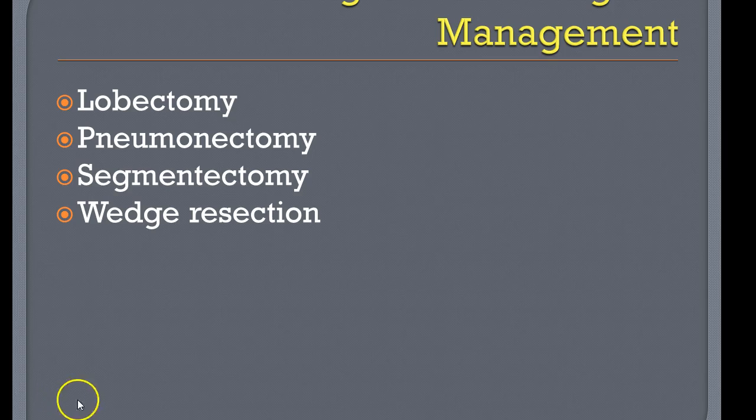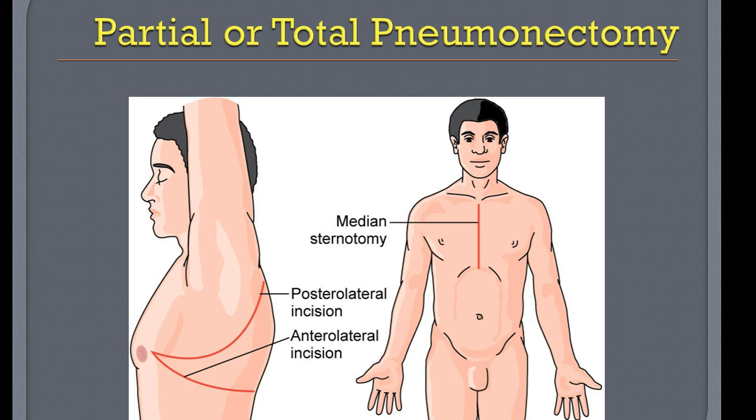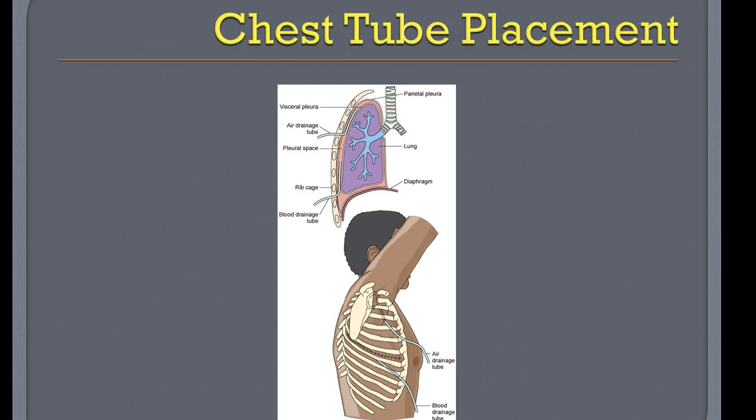All these patients usually go to ICU overnight just to watch for any types of respiratory distress, infection, or bleeding. And this is where they usually make the incision for a partial or total pneumonectomy, but obviously it's surgeon preference, okay?